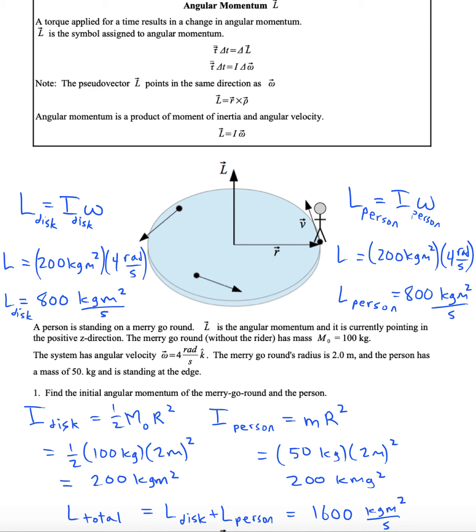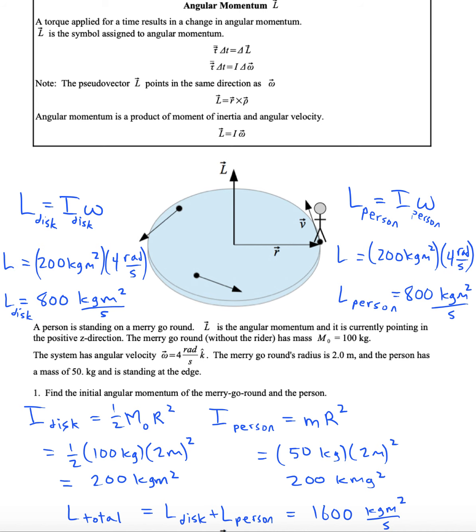Now, why are we interested in the initial angular momentum of the whole system? Well, it turns out that not only is linear momentum conserved in all interactions in the universe, but angular momentum is a conserved quantity too.